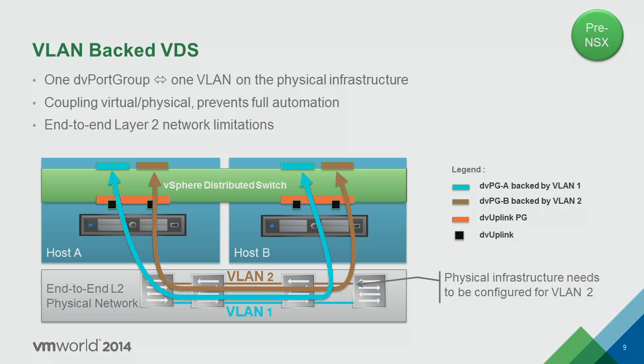Another problem is that it requires what I call end-to-end layer 2, meaning that you need to span this VLAN across your whole data center. Remember, you don't really know where your virtual machines are going to be positioned, so potentially you have to provision this VLAN everywhere in your network. And again, I'm a network guy. I've been working at Cisco for more than 15 years on layer 2 before joining VMware. And I know by experience that most customers would like to avoid running L2 end-to-end.